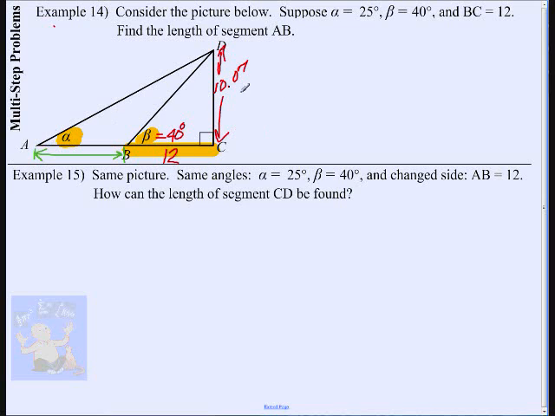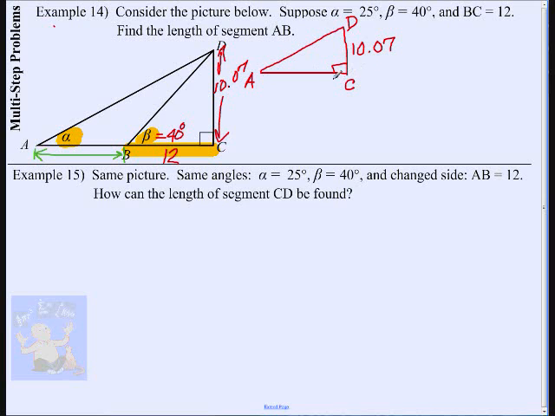Now I can look at ADC. Remember, what I actually want to find out is what this length is. But with ADC, here's C, D, and A, I know that this is 10.07. I don't know what this is.